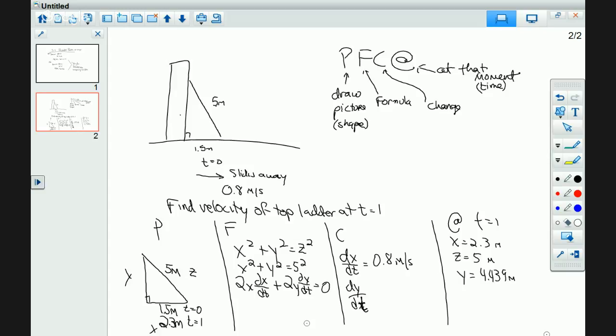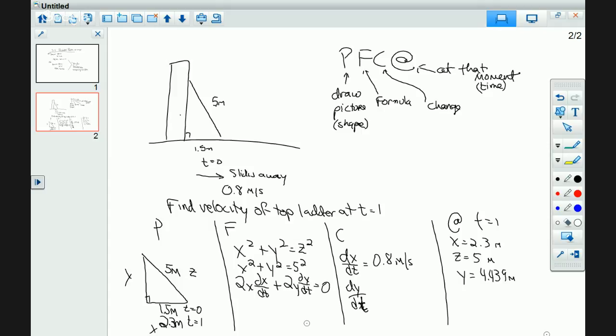If you don't plug that in, you get 2z dz/dt. dz/dt is 0, right? That's another way to reason through it: dz never changes. So that side's going to end up 0. Okay, maybe we'll see how to solve it.